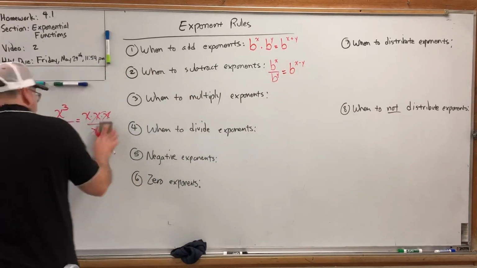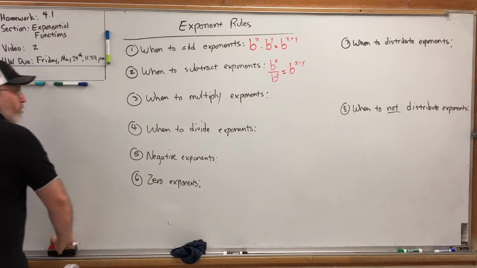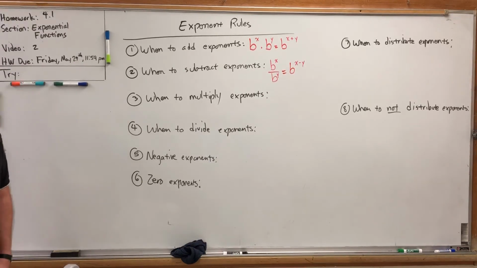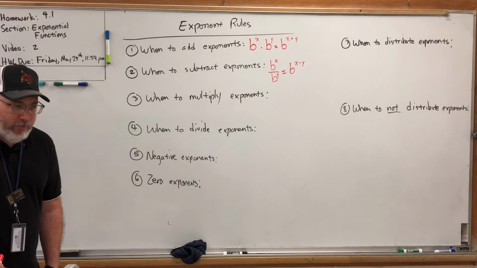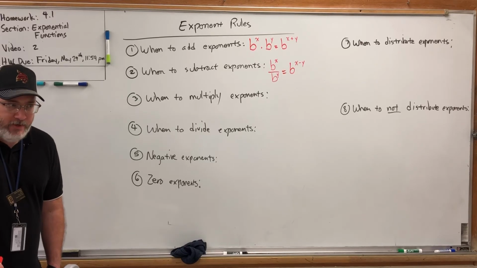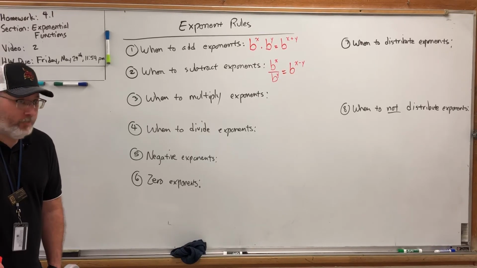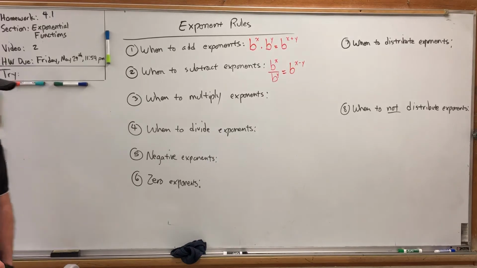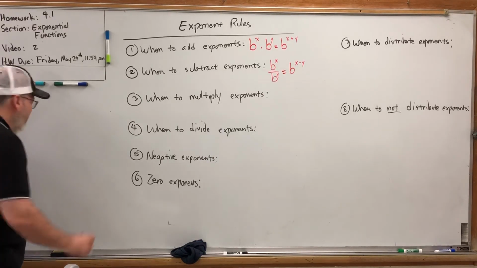When do you multiply exponents? I think when we were discussing end behavior of polynomial functions and we're looking for the leading term of a polynomial that was already factored, this rule kind of snuck in.